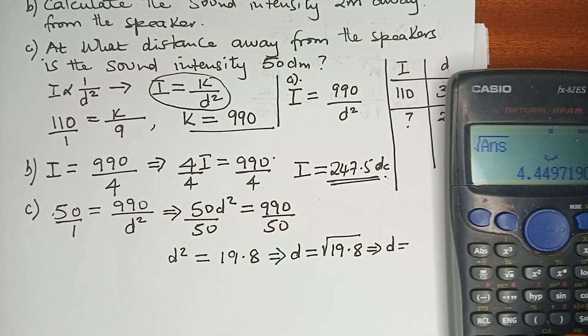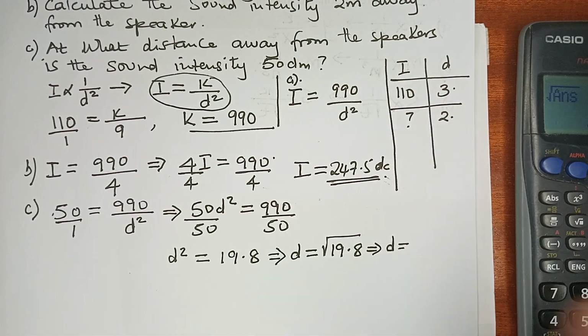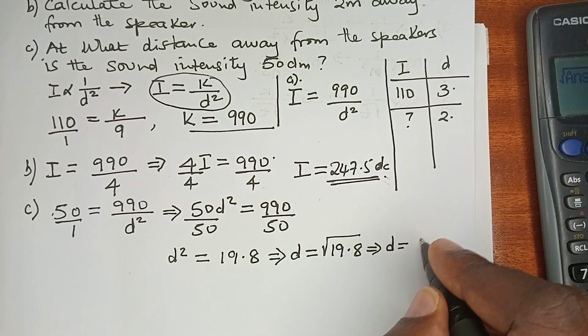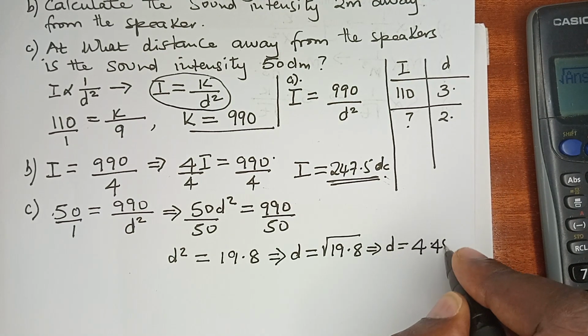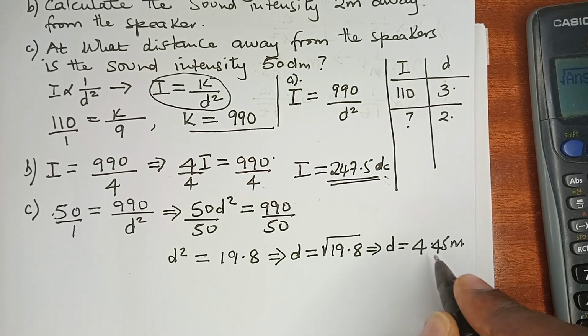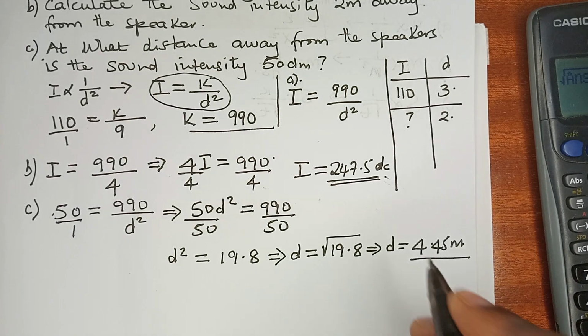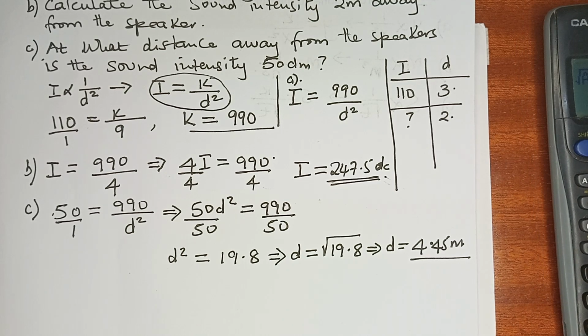So the distance of 4.45 meters will give us 50 decibels. And that is the end of the story. That is now that question answered.